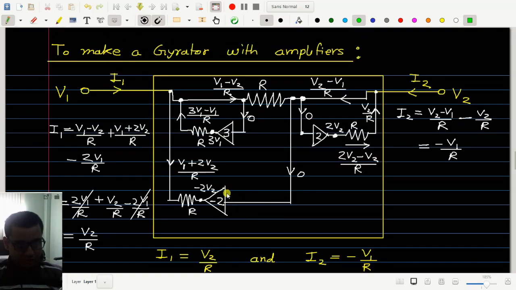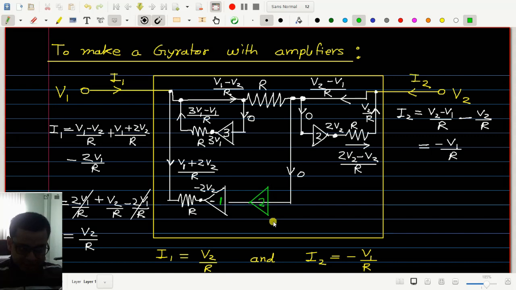So here we have to make it -1 preceded by another amplifier with gain 2, but we can also do another thing.